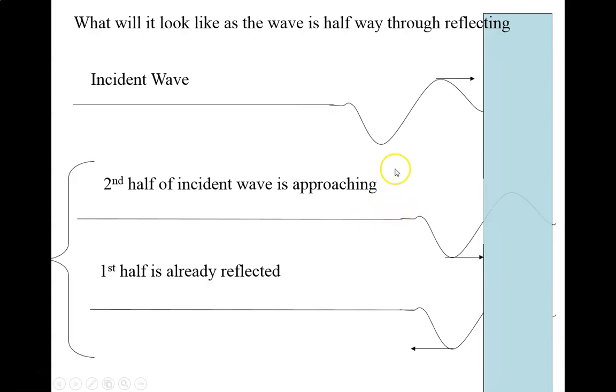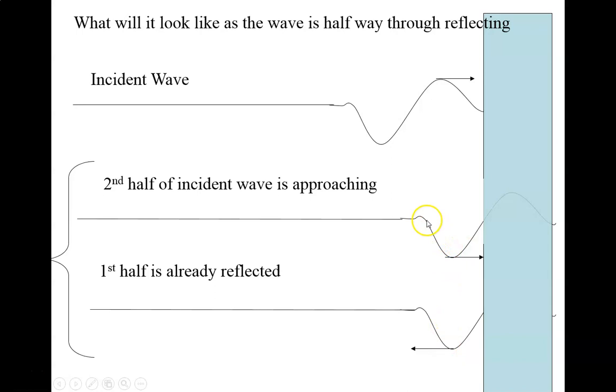Now some interesting things happen when we start looking at constructive and destructive interference as well. So let's say you send a full wave pulse down. While the wave is in the process of reflection, you're going to see some interference. So here's my wave pulse that's going to reflect. Here's my wave pulse that has already reflected, which is going to be a down.